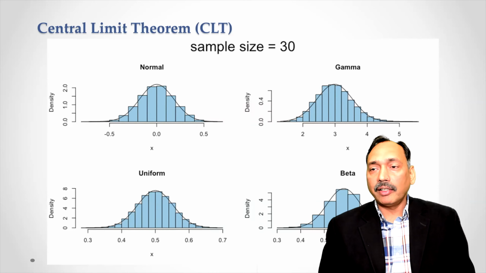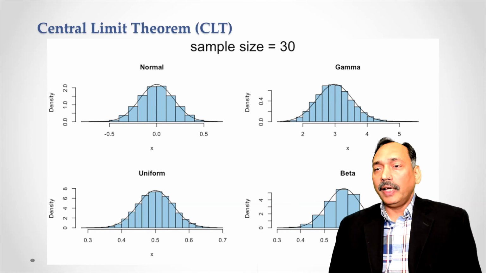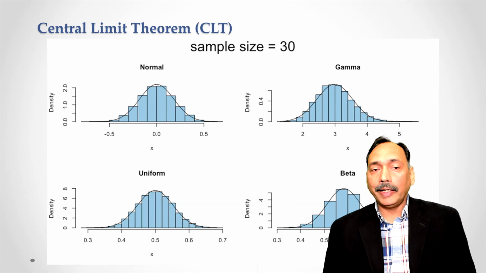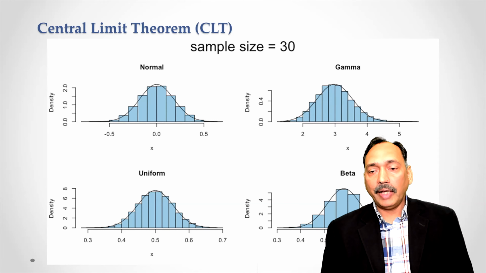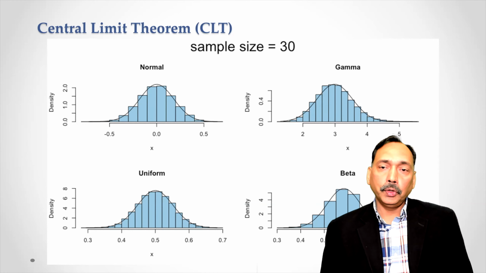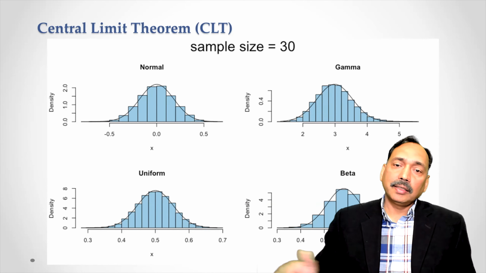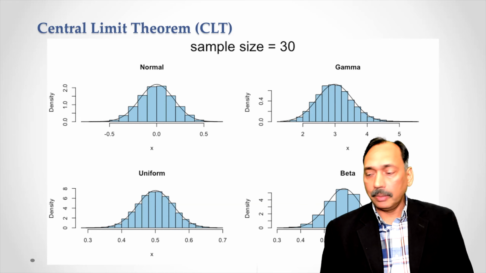Actually, this is the central limit theorem. When you have sufficient sample size and you create distributions of averages from that, your shape is going to look like a normal distribution.